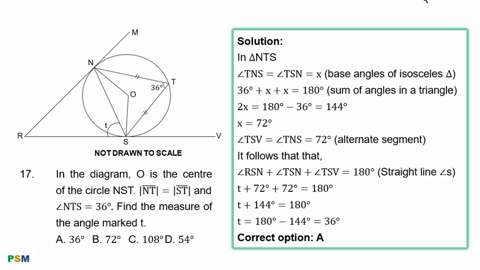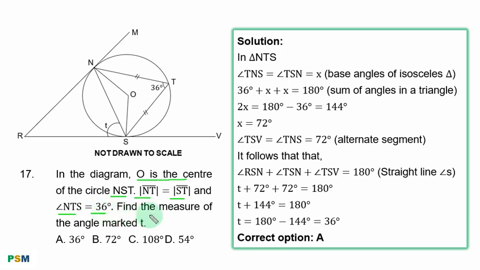Question 17. In the diagram, O is the center of the circle NST. NT is equal to ST and angle NTS equals 36 degrees.